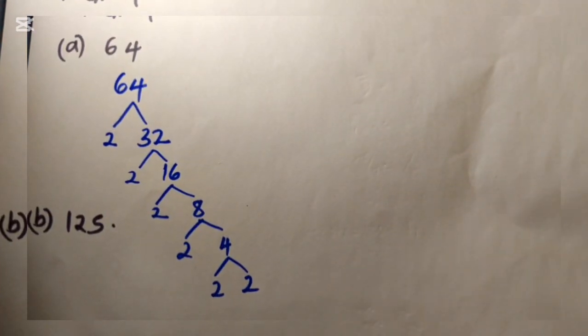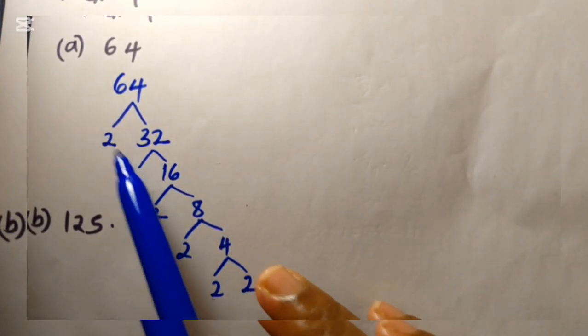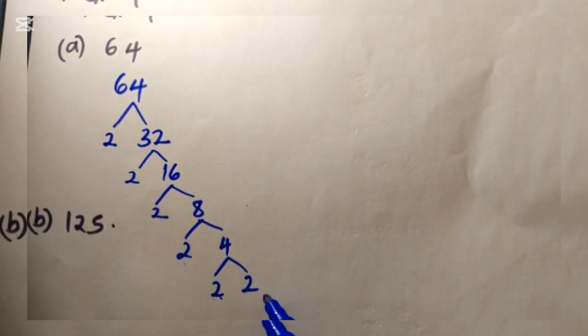So 64 will be written as 2 times 2 times 2 times 2 times 2 times 2. How many 2's? 1, 2, 3, 4, 5, 6.